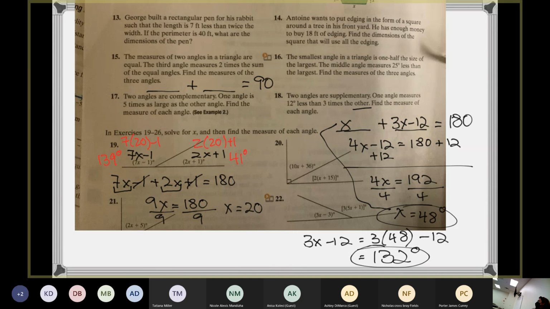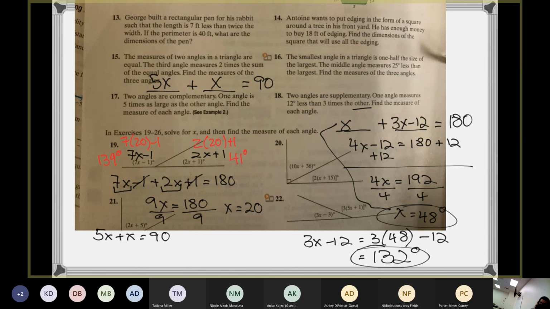The other angle, we know nothing about, that's your x, and the second angle is 5 times as large. So if I continue here, we have 5x plus x equals 90.